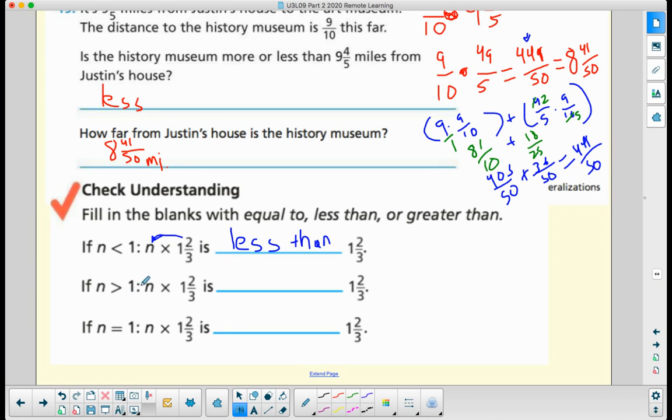If n was greater than 1, I'm multiplying n by a number greater than 1, then 1 2/3 it's going to be greater than 1 2/3. And finally, if n is 1, so if I take n multiplied by 1 2/3, I'm going to compare it to 1. Well, yeah, if I'm multiplying by 1, it's going to be equal.